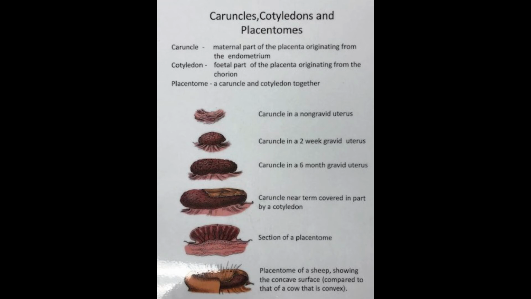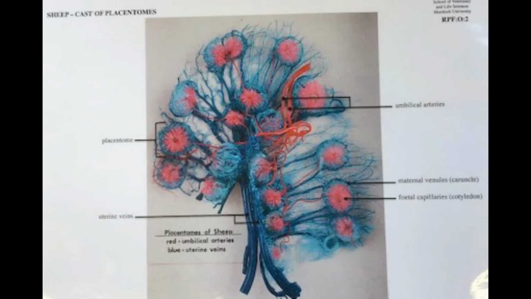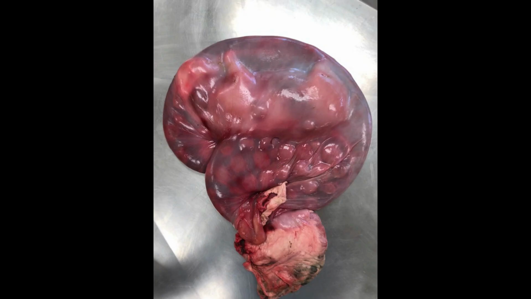The maternal part is the caruncle, the fetal part is the cotyledon, and they fuse together to join the blood supply from the fetus to the mother. The next illustration shows the supply of maternal blood and fetal blood connecting together at those placentomes. They are often called cotyledons or caruncles, but the cotyledon plus the caruncle is the placentome.